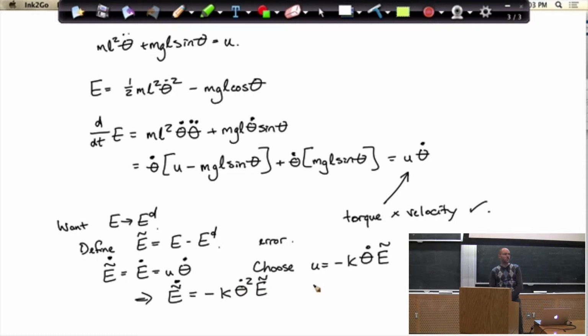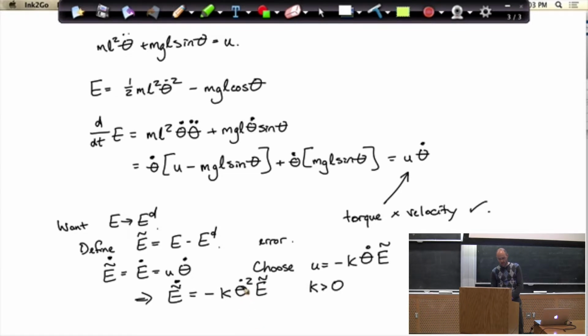I know if I choose K to be greater than 0, which I should do, theta dot squared is always going to be greater than or equal to 0. So I can reason about the dynamics. As long as theta dot doesn't stay at 0, if this is 0, then I'm doing nothing, and that's not so interesting.